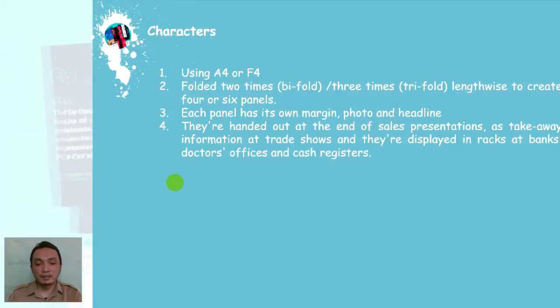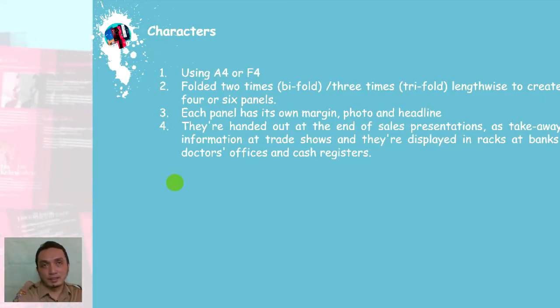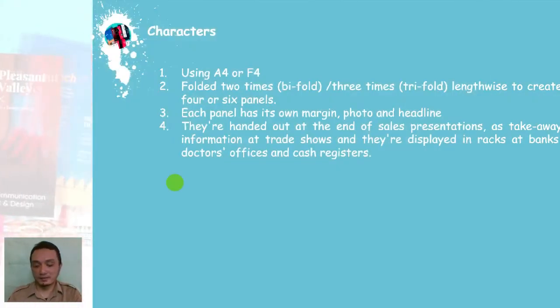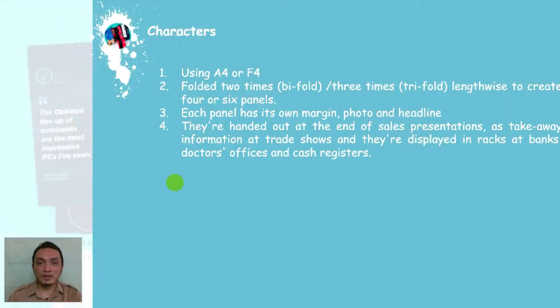You can also find them in doctor's offices, where a brochure may consist of socialization about diphtheria, COVID-19 maybe, and other aspects of health. And then the last is cash registers, which are another example of where you can find brochures.